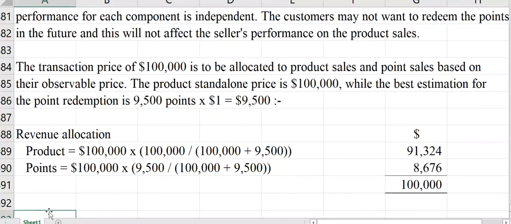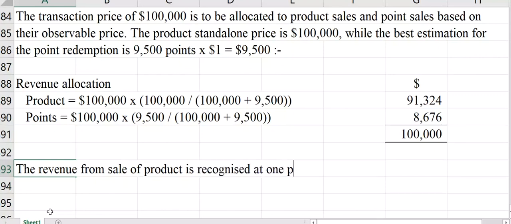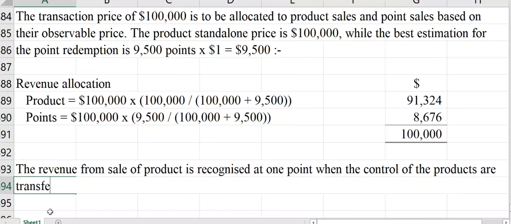So the revenue from sale of product is recognized right at one point, when the control of product is transferred to the customer.